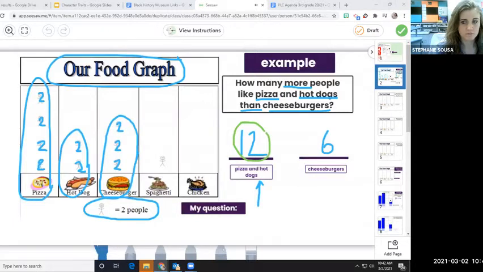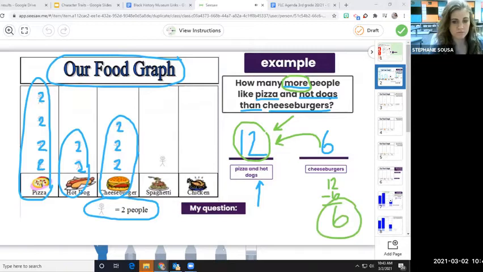Notice our question asked how many more prefer pizza or hot dogs. So we can count on from 6 up to 12, or we could subtract 12 minus 6. We know that 6 more people prefer pizza and hot dogs compared to cheeseburgers.